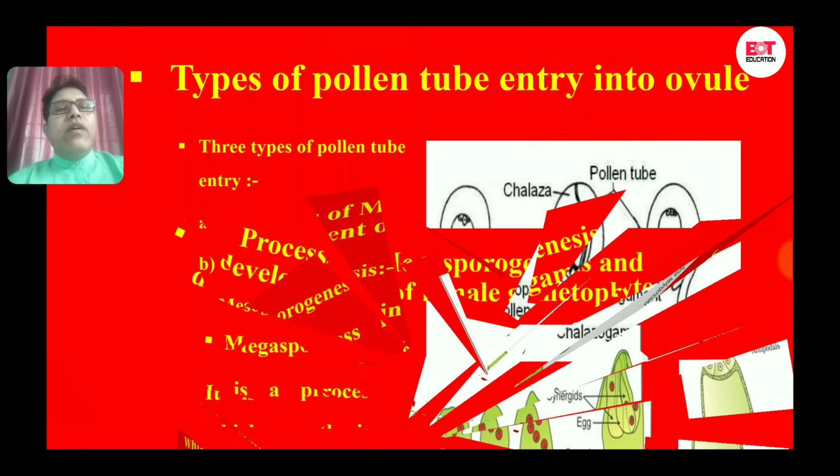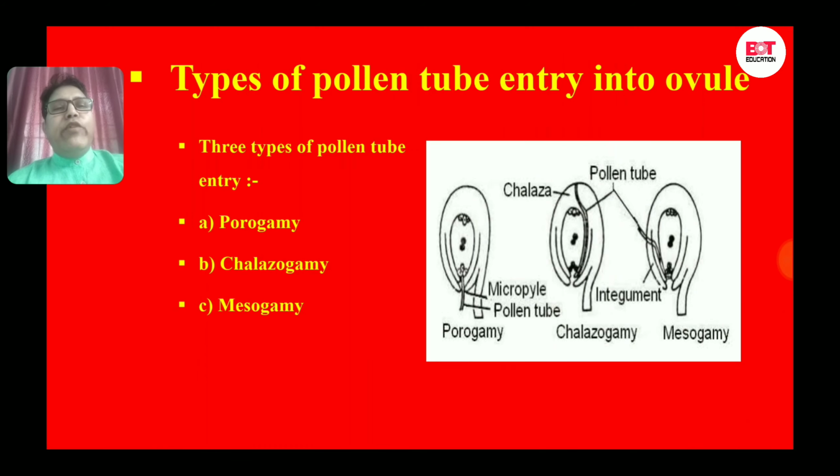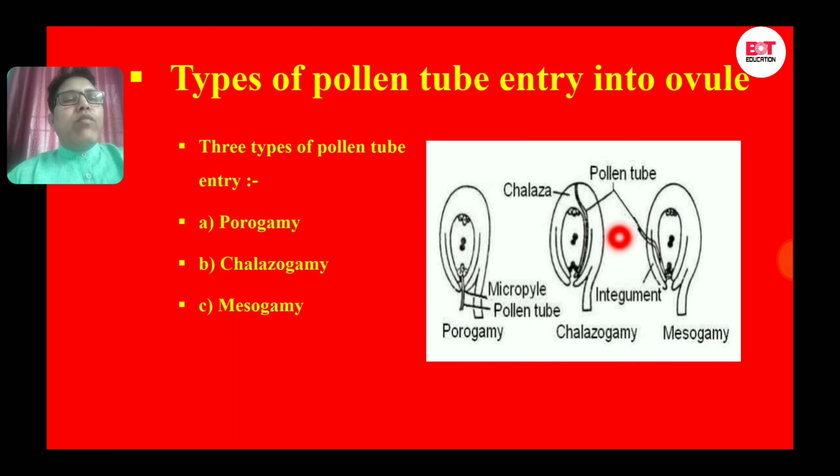Now let us see the types of pollen tube entry into the ovule. After germination of the pollen grain, the pollen tube enters in three ways. These are called porogamy, chalazogamy, and mesogamy. In porogamy, the pollen tube enters through the micropylar end. In chalazogamy, the pollen tube enters through the chalazal end, and in mesogamy, the pollen tube enters through the middle of the integument.